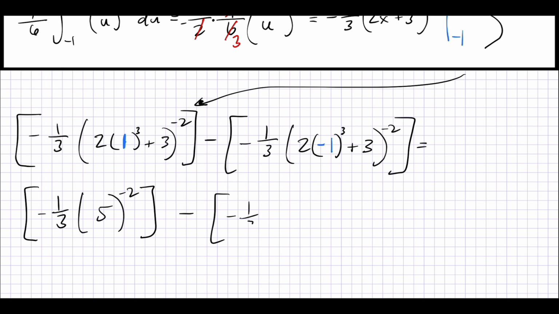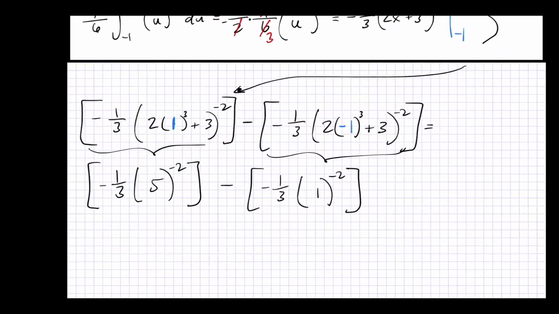Over here, you're going to get -1 to the third is -1 times 2 is -2. So that would be 1 to the -2. Okay. What is 5 to the -2 power? Or what is 1 to the -2 power? How do I do that if it's to the -2 power?